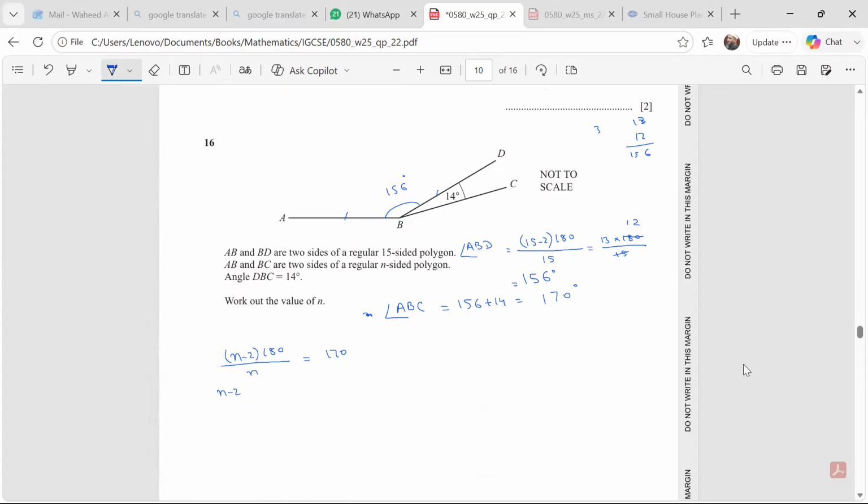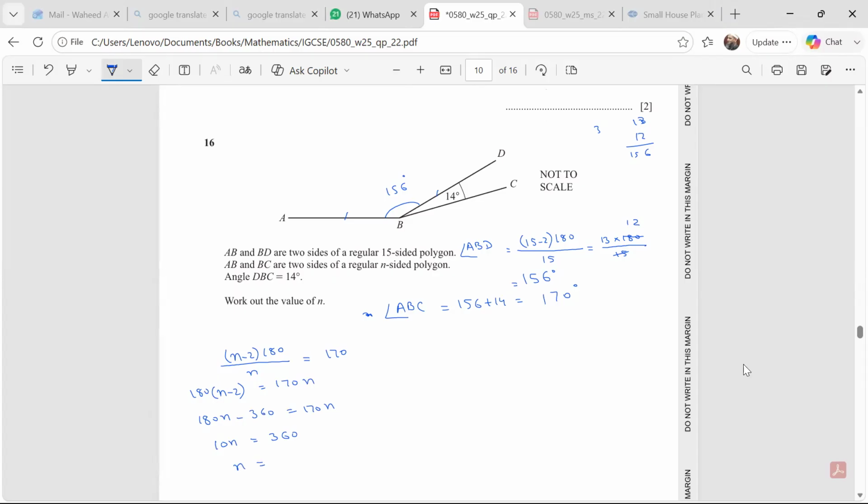n minus 2 times 180 is equal to 170n. If I open this bracket, this is 180n minus 360 equals 170n. If I bring it to this side, 180 minus 170 is 10n, and this is equal to 360 degrees.